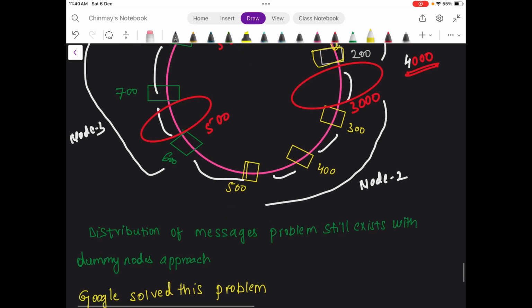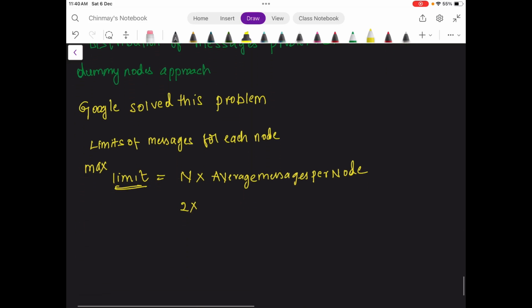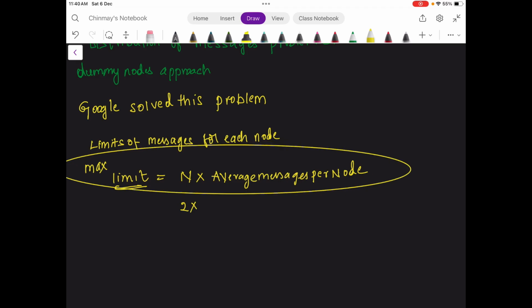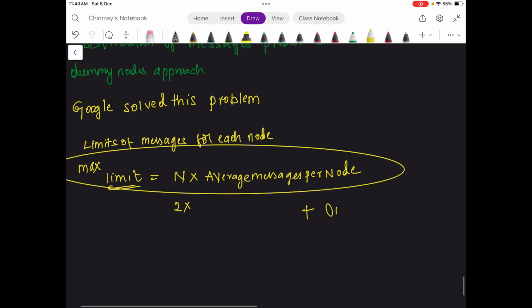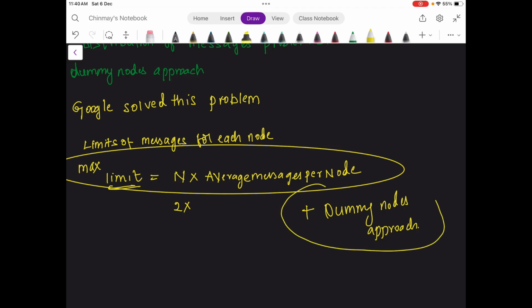So the mixture of this limiting approach plus the dummy nodes approach will solve both problems of consistent hashing. This is how Amazon and Google solved these problems.